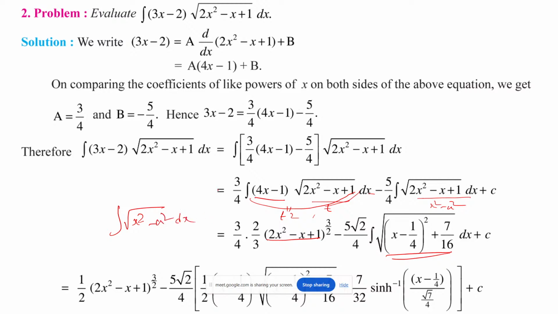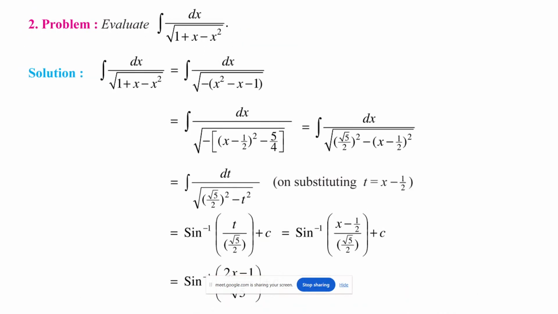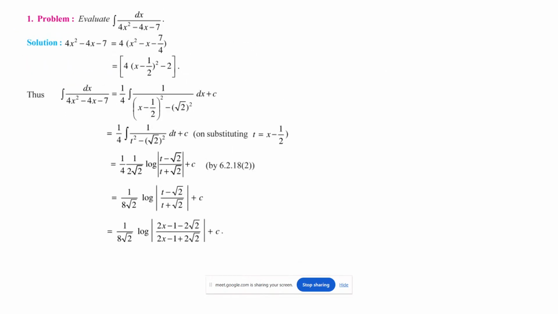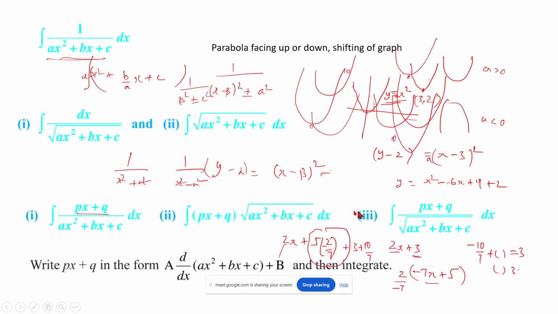So basically what we have done is split this into the differential of this one plus some constant, and then we broke that: we got one polynomial kind of integration, and another of your earlier methods. So now you know how to do this one also, and by similar logic you can do this one also.